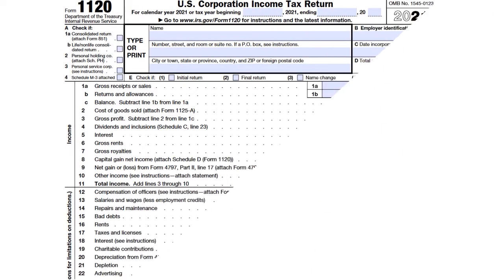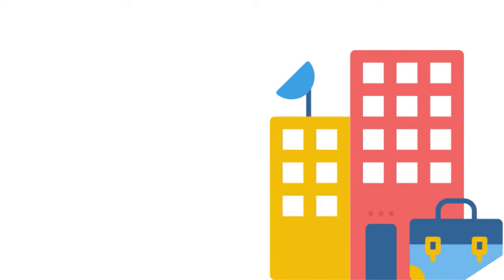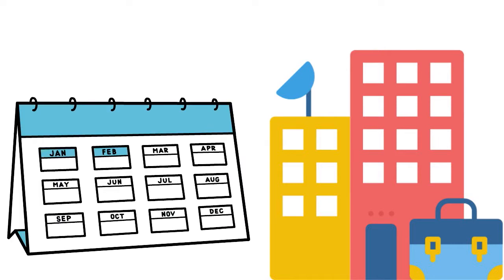We also have Form 1120 that you need to know about. Form 1120, also referred to as a U.S. corporation income tax return, reports corporate income or losses. So if your business is classified as a regular corporation, you are required to file Form 1120 each year. Okay, this is important.